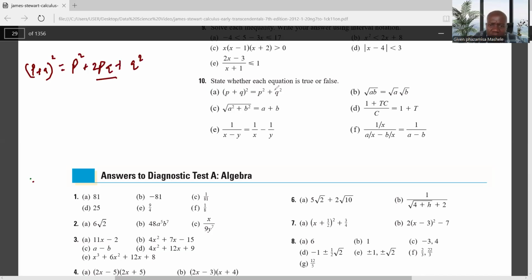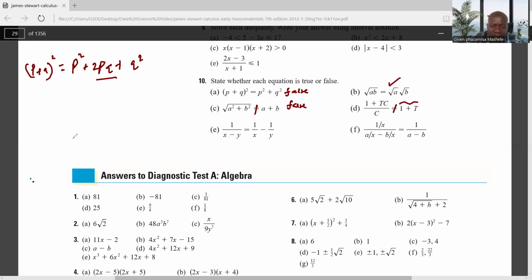It's not the same as this, so this is false. And this is true because we know the square root of a times b. But when you work out this and this, do you think they'll be the same? No, because if it's like this, we have divided these two, which is wrong. So this is false.